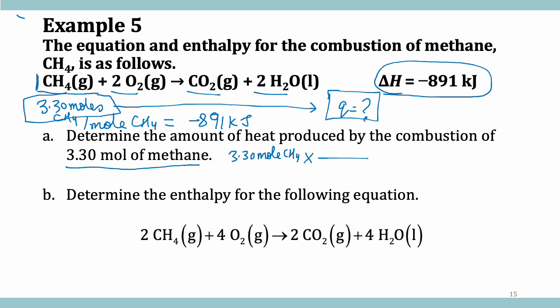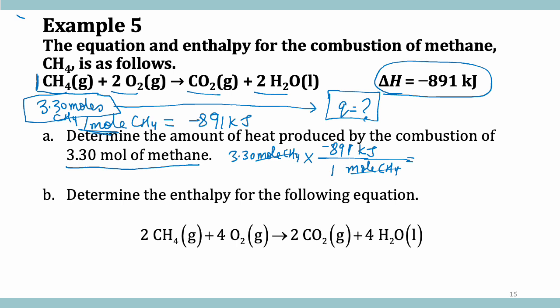Because my starting unit is mole of CH4, who goes in the bottom? Mole of CH4, which is 1 from here. 1 mole of CH4, negative 891 kilojoules. Mole of CH4 gone, which means my answer would be negative 891 times 3.30 kilojoules of heat.